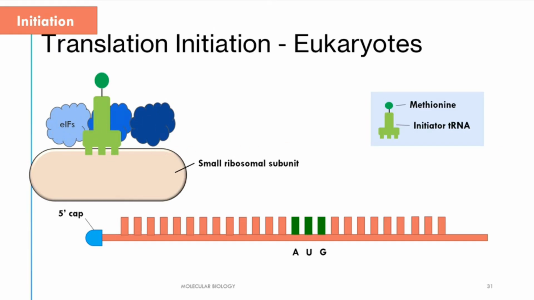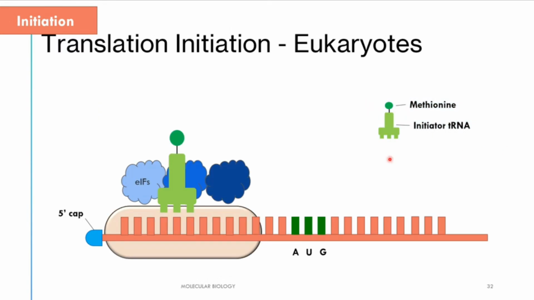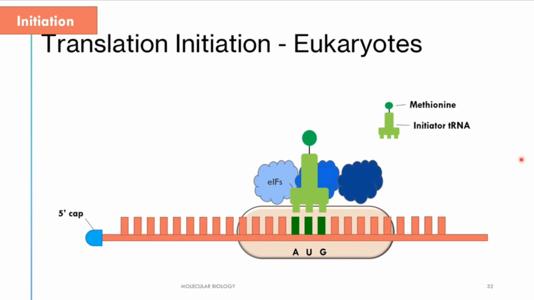All these molecules are going to bind to the mRNA at the 5' cap. And this entire complex is going to scan along the mRNA until it reaches the AUG, the start codon.